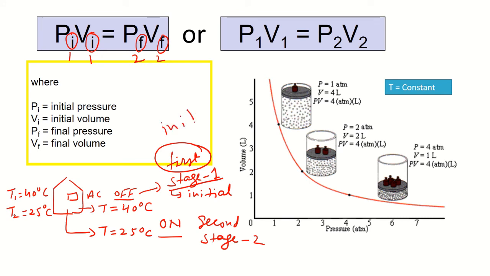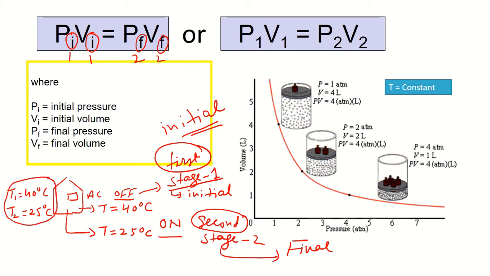Those parameters are the initial parameters, and the parameters which come after that, or second, we call the final parameters, maybe final temperature, final volume, or final pressure, anything. So since this came first and this is second, I can write Ti, the initial temperature, is 40 degrees centigrade, and the final temperature is 25 degrees centigrade.